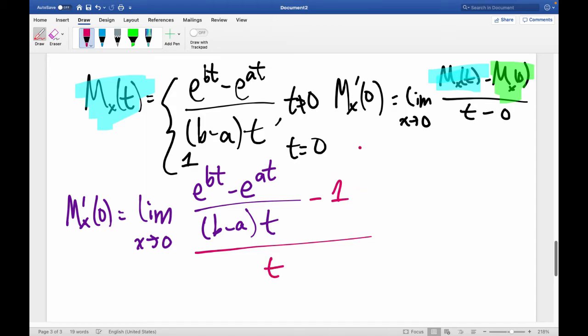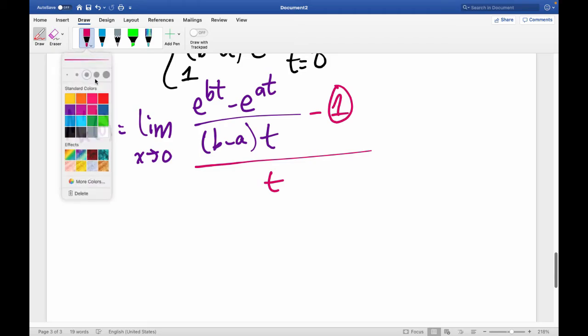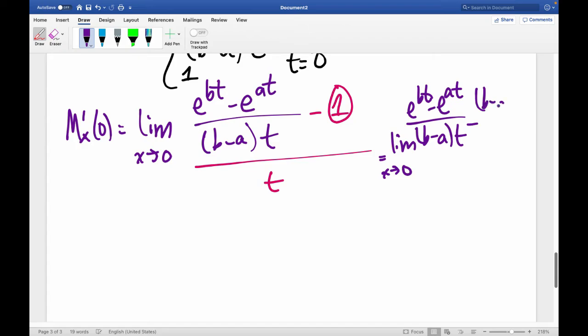Now, you could probably approach this in a couple of different ways, but the way I'm going to approach it is I'm going to rewrite 1 in that special way. So this is, again, the limit as t approaches 0 of e to the bt minus e to the at all over b minus a times t, minus b minus a t divided by b minus a t, right?